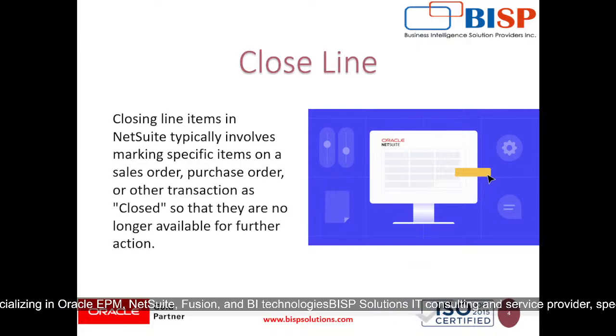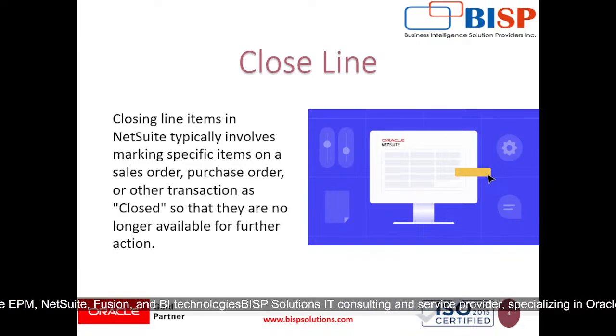What is the impact on inventory? When you close a line on a sales order, it indicates that the item is no longer available for fulfillment, which prevents it from being packed and shipped again. On a purchase order, closing a line item stops further receiving actions, indicating that no more items are expected from the supplier. Why is it applied in financial terms?